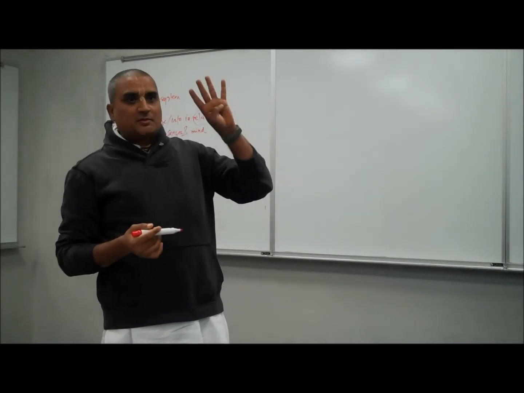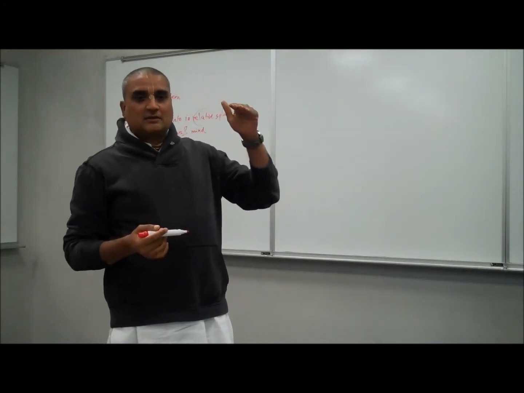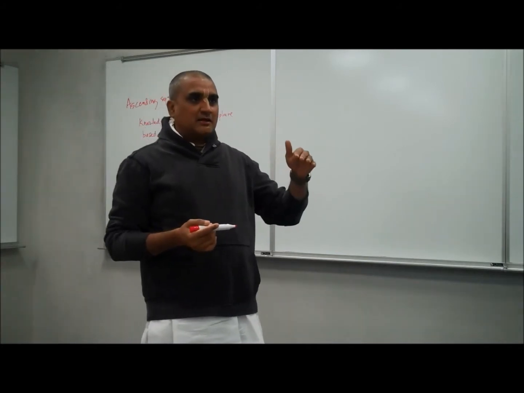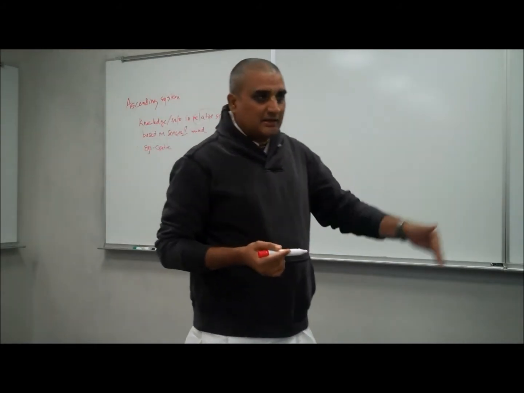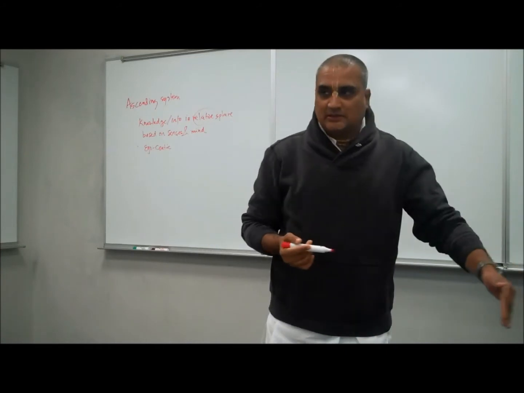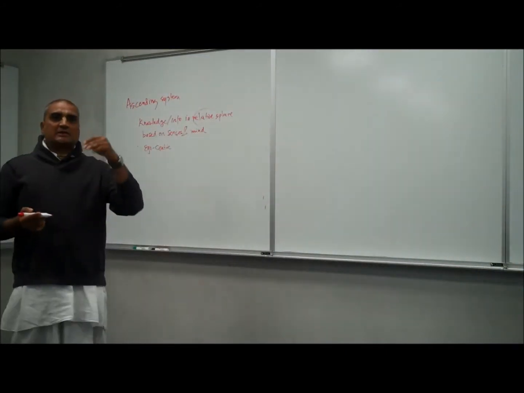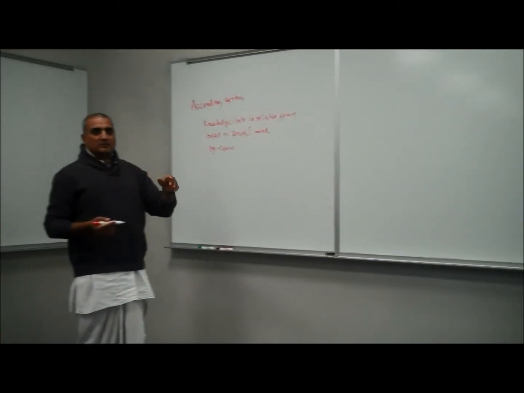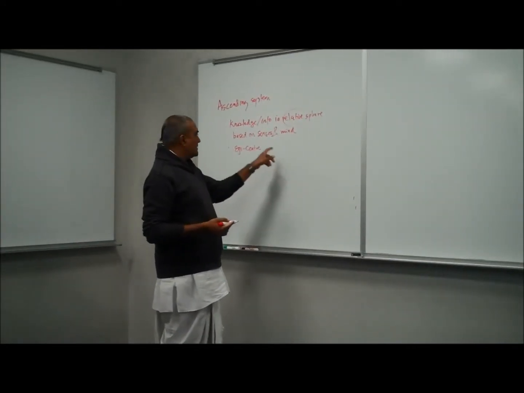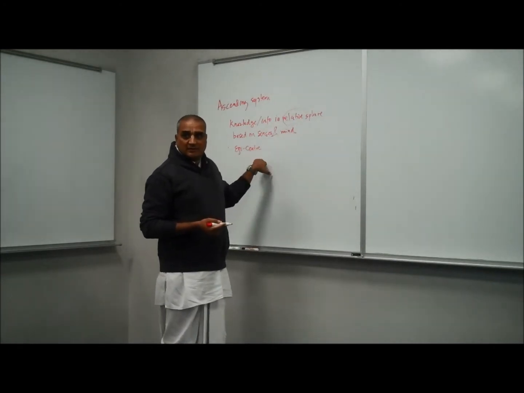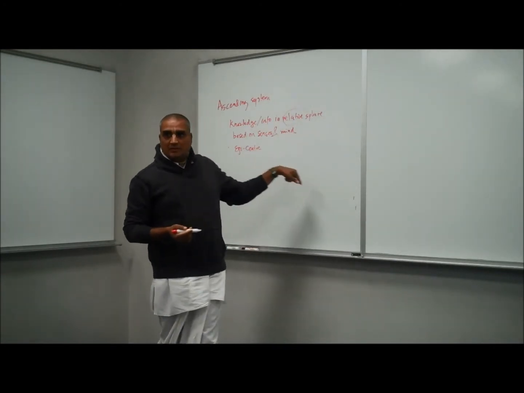The four defects, you remember the four defects? Limited senses, so we make mistakes. There's a possibility I could make a mistake, illusion, because I can come into illusion. Then there's cheating, the cheating propensity. I'm convinced that I know the truth, and someone else is convinced that they know the truth. And so I profess the truth as if I know it. Egocentric, the blind man and the elephant story that we talked about.